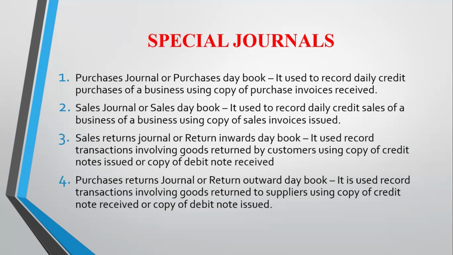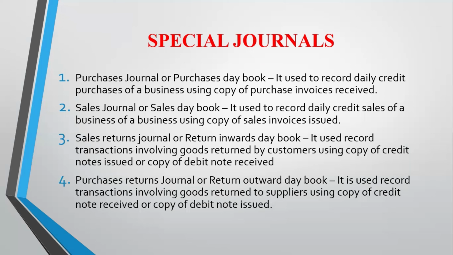That's why we are issuing a credit note. Or if the customer is returning the goods, he will come along with a debit note showing that we are owing him. So it's either the customer comes with a debit note or we issue a credit note when there are sales returns. So the sales returns journal is used to record goods returned by a customer.